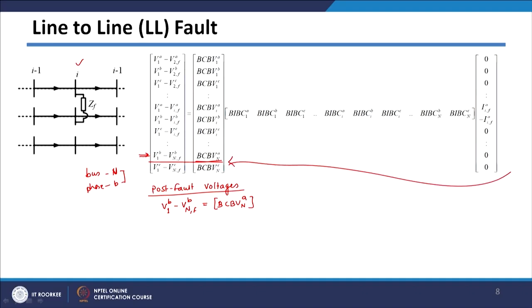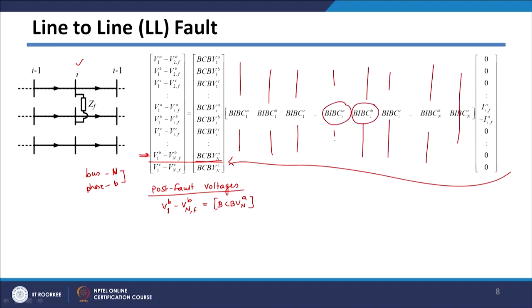And we have seen that this part of the matrix where all these columns of BIBC, they are getting multiplied with respect to zero, except these two columns which are getting multiplied with non-zero values.